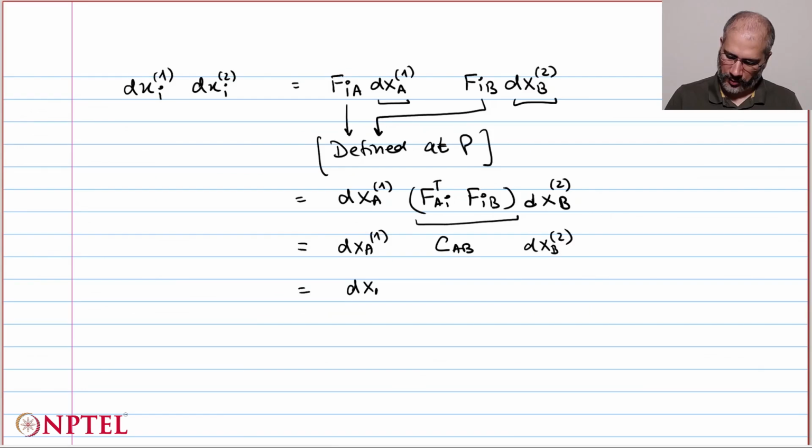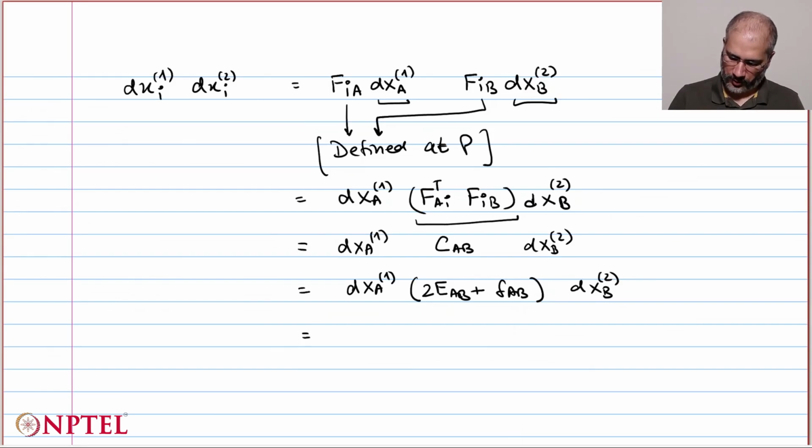And this can be written in terms of the Lagrangian finite strain tensor, which was defined as twice of E was C minus I. So C is twice of E_AB plus delta_AB, and then we have a dX2_B.